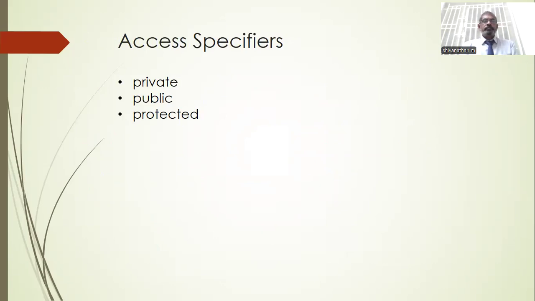And that's what access specifiers are: private, public, and protected. One more access specifier is protected. When a class member, maybe a function or data, is protected, it is exactly like private, except that these members are visible to derived classes.